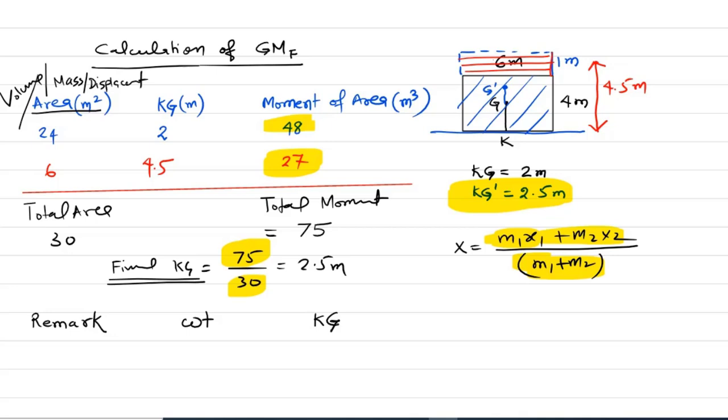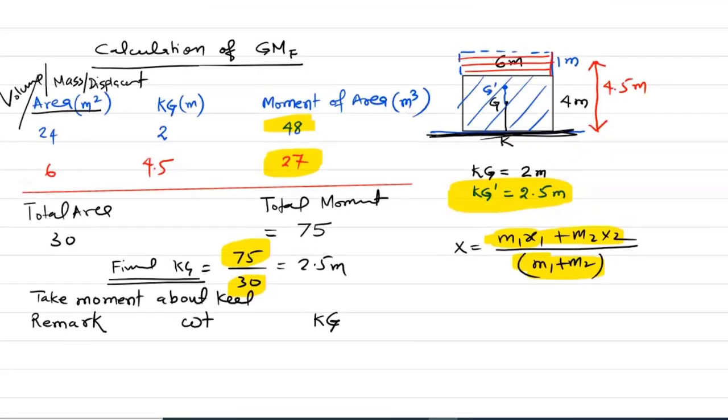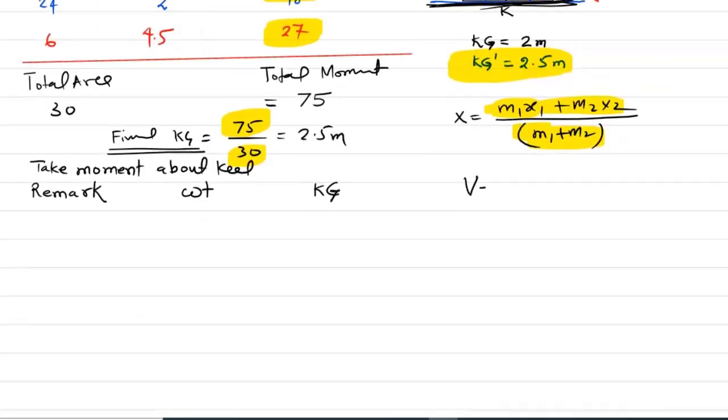Suppose there is a weight here, and if I take the moment about keel, that means whatever distances you are taking, you need to take from this reference line. That is the moment of displacement. So this is weight, this is your KG, and since it is in vertical direction, we call it vertical moment.